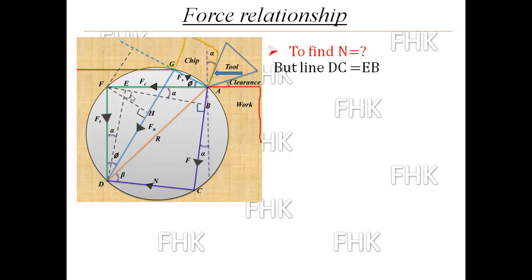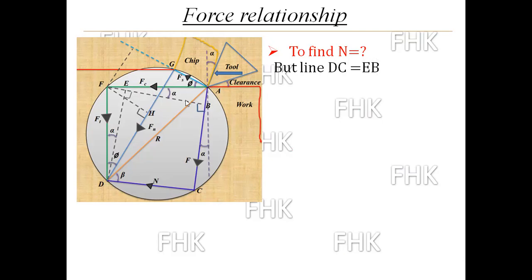So these two angles will be 90 degrees; these two parallel lines make a 90-degree angle with FB. So EB makes 90 degrees with these two parallel lines, and DE will also be 90 degrees with this line. ED is perpendicular to DC and BC is perpendicular to DC. So again DC is equal to EB.